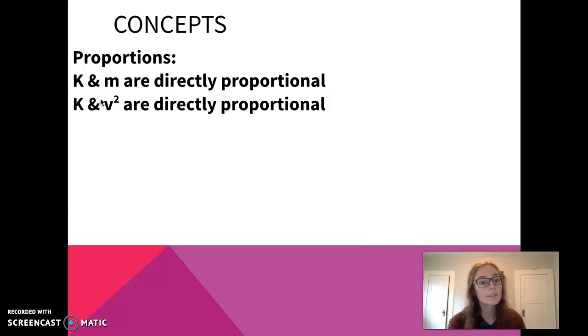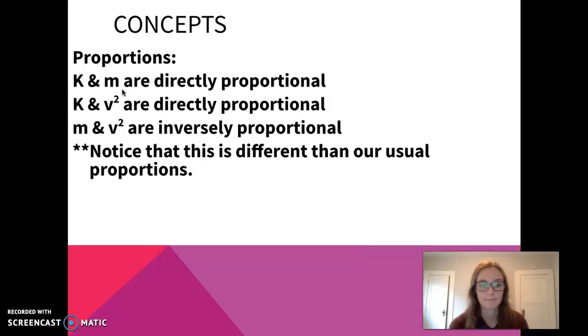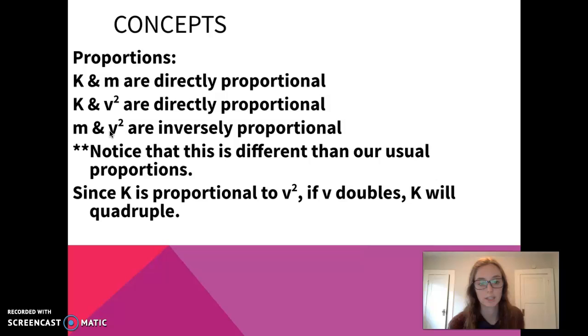It's not K and v that are directly proportional, it's K and v squared. And then m and v squared are inversely proportional because they're on the same side. Same side means that the opposite thing will happen to them. Again, this is different than our normal proportions because we do have our squares. It is a bit tricky.